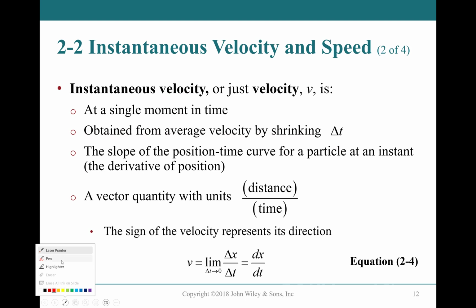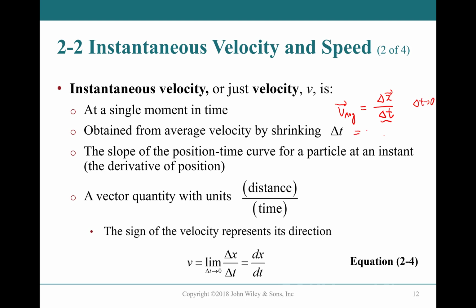Remember our V average will be equal to delta x divided by delta t, right? So changing position over changing time. This is the average during delta t, but if we let delta t go to 0, so shrink it, it will give you the velocity at a given moment.